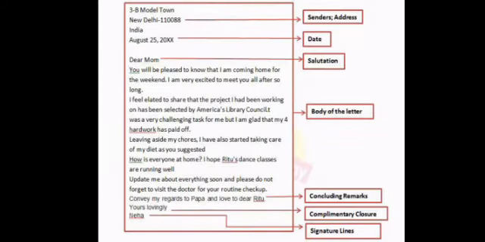There is a complete picture I'm showing you, in which you can see that the letter starts from the left hand, where there is the sender's address, 3B Model Town. This is an Indian letter, so I'm just giving you the example of that letter. Then after it there is the salutation.